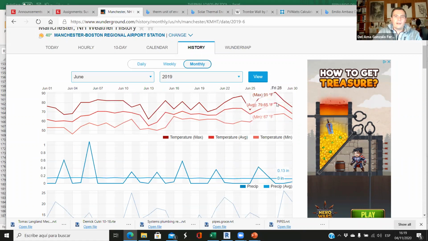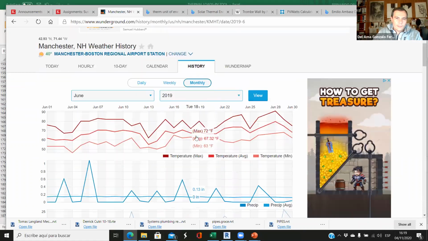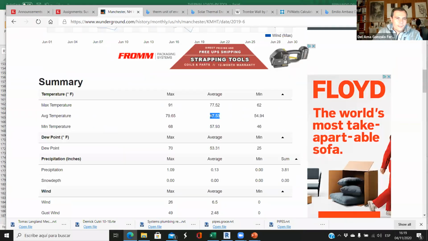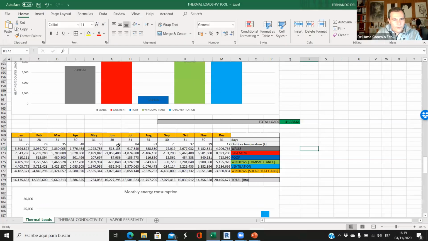Now it's getting higher. Okay, so in June, the average temperature is very close to comfort, 67.5, almost 68. So these days, we shouldn't be using any heating or cooling system because it's close to comfort.